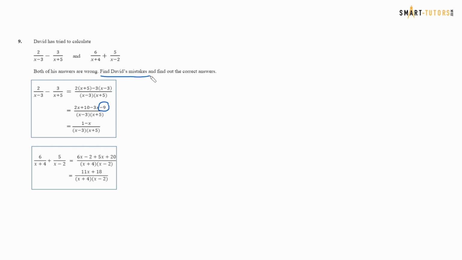So we found the mistake. Minus 3 times minus 3 gives positive 9.